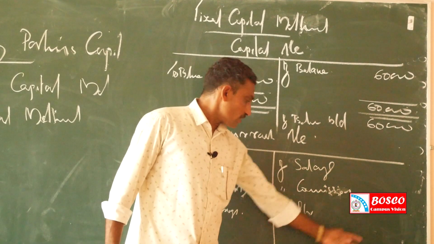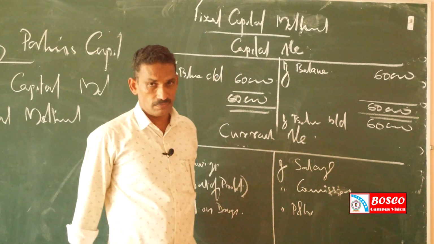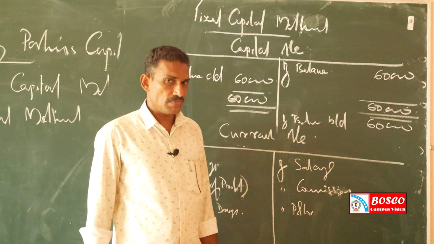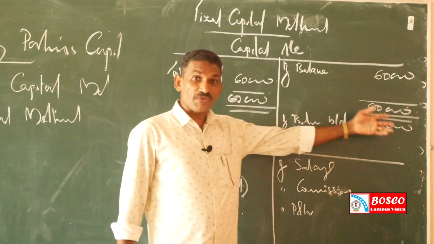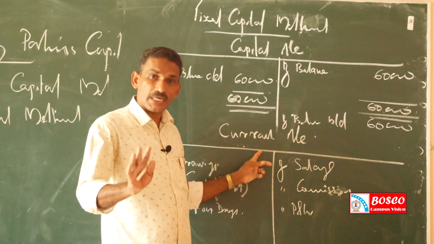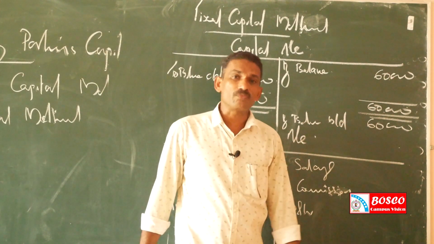As a result of making all these adjustments, the balance of current account will change. It will vary. Then one more thing, at the end of financial period, we will balance this capital account and current account, and the balance will pass to the balance sheet of partners.